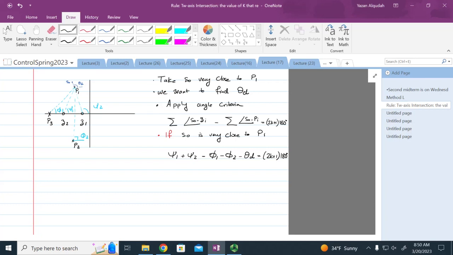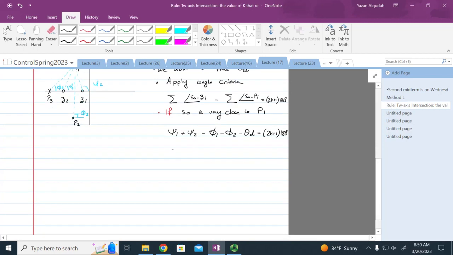So therefore, I can solve for theta d, and theta d is going to equal the summation of the angles from the zeros minus the summation of the angles from the poles minus 2k plus 1 multiplied by 180 degrees. Is that clear? Everybody? Everybody convinced?